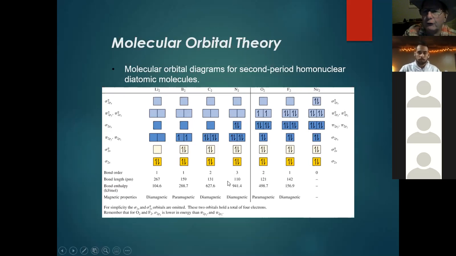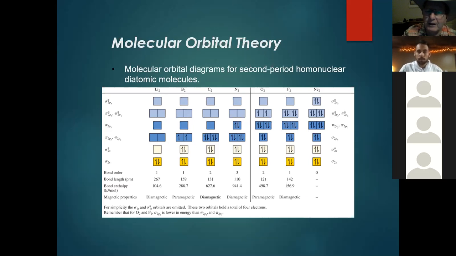So I have nitrogen with 14 originally. 4 of them went into the sigma 1s bonding, sigma 1s antibonding. That leaves me with 10 left. 2, 4, 6, 8, 10. I have 10 electrons, do I not?